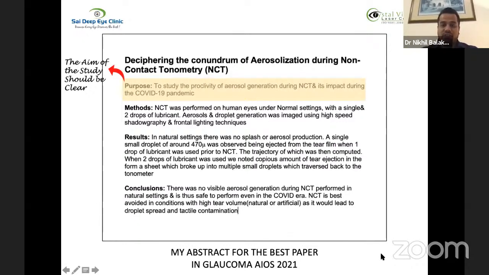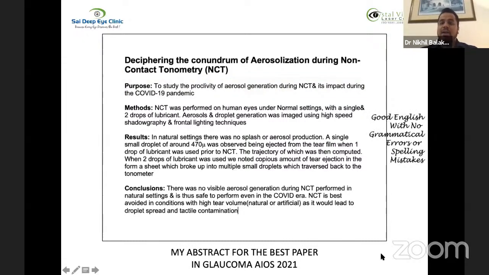The most important part of the study, what is the real purpose of it, should be clearly mentioned in the purpose part. The most important thing is to write the abstract in good English. Make sure you've not made any grammatical errors or spelling mistakes in it, which puts off the reader and immediately causes him to disqualify your abstract.